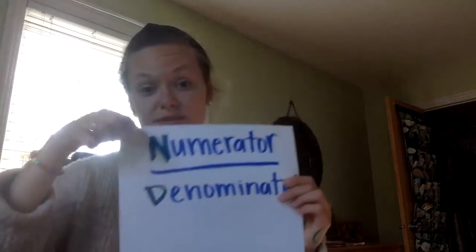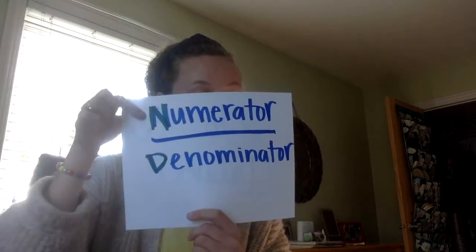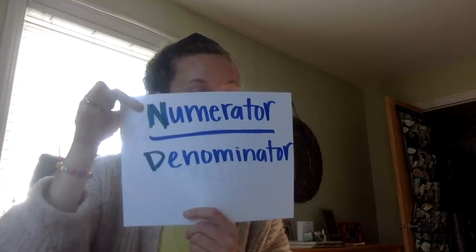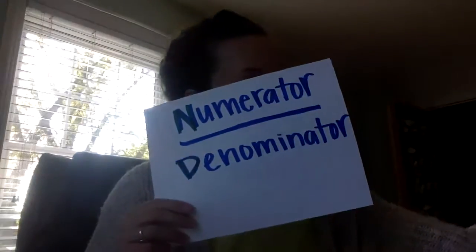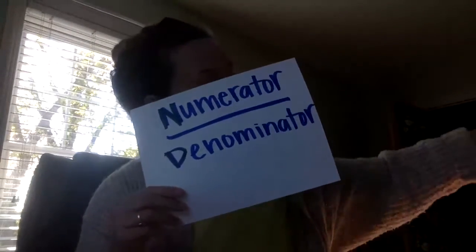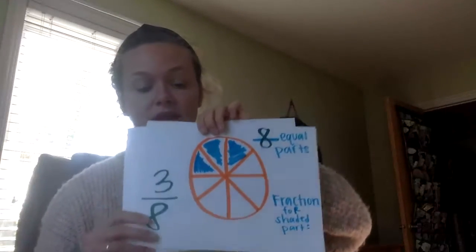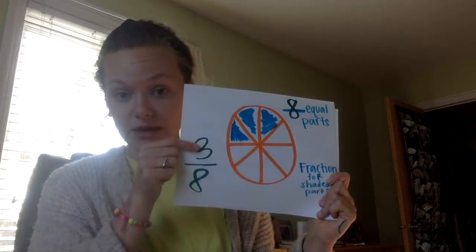In the last video, I mentioned how we were just saying top number and bottom number, but those actually have names. We call them the numerator, which is my number on top, and my denominator, which is the number on the bottom. Remember, the numerator tells how many parts are being counted. So if we go back to our example from the last video, my numerator is 3, right?